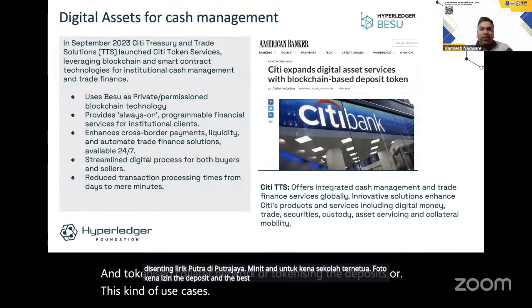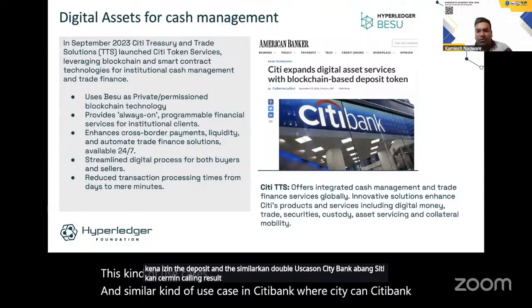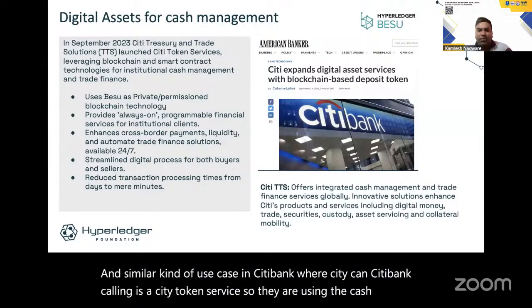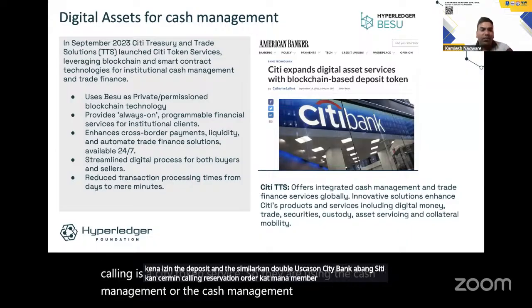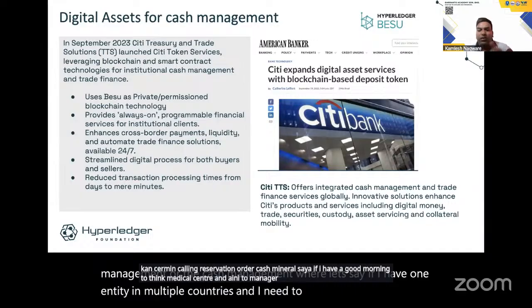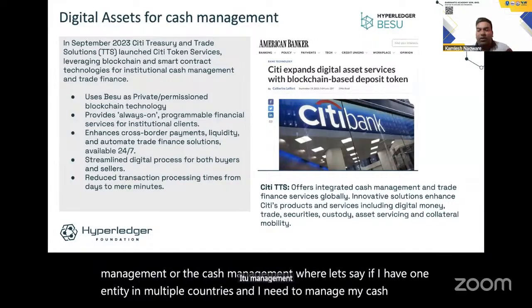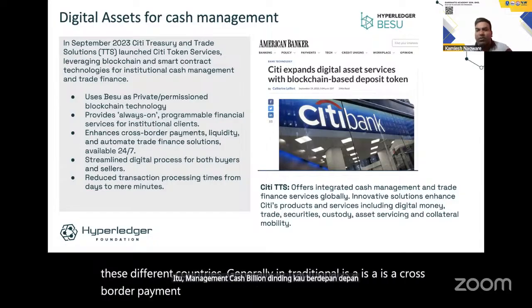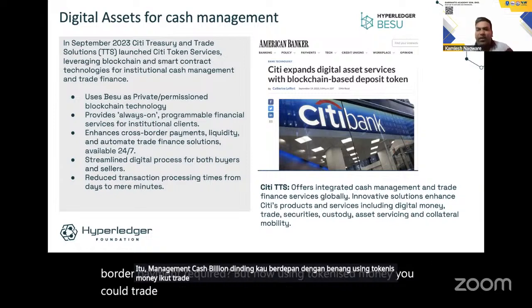And a similar kind of use case is at Citibank, where it is called Citi Token Services. They use it for cash management. Let's say I have one entity in multiple countries and I need to manage my cash across these countries. Traditionally, a cross-border payment is required. But now, using tokenized money, you can trade these tokens across countries and entities using Citi Token Services.